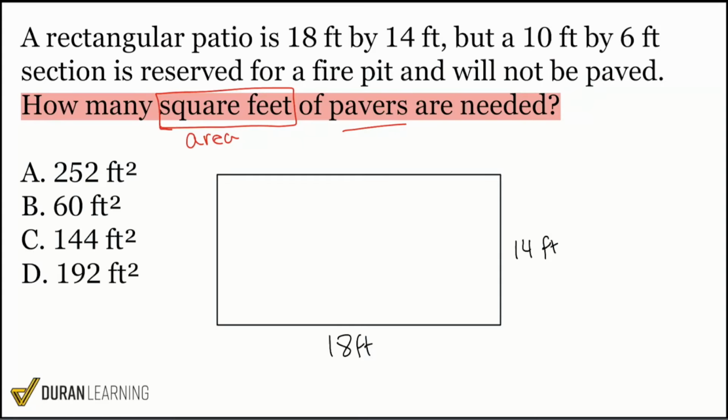Okay, everybody, if the fire pit is not supposed to be paved, let's draw the fire pit right over here, in the middle. Are we going to include the area of the fire pit? Are we supposed to include that area?